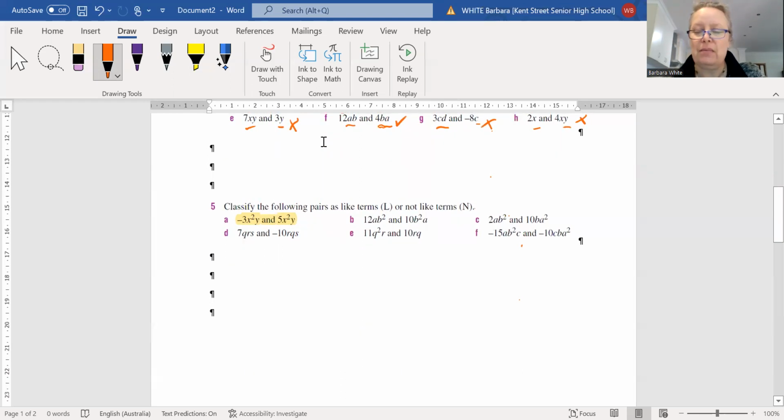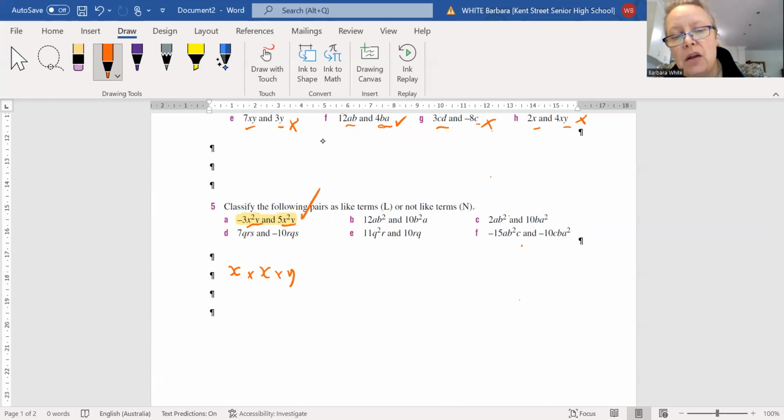And another set of similar questions. Minus 3x squared y, 5x squared y. X squared y is like x times y. And they both have the same variable there. So those are like terms.